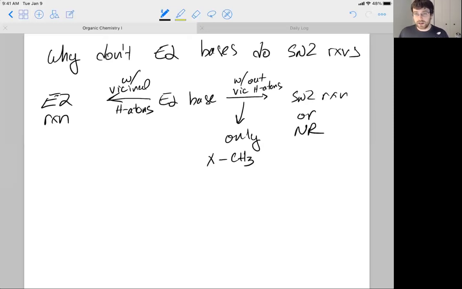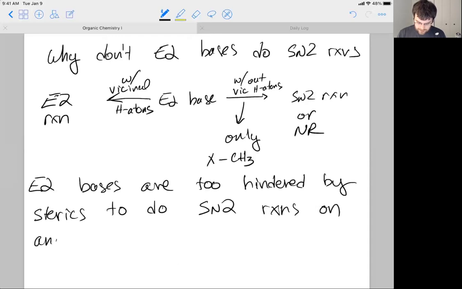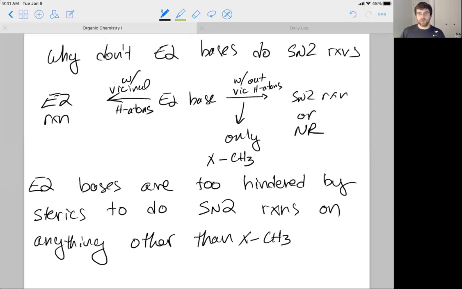But why do we go down the left side? Why don't we do the right side, even when there are vicinal hydrogens present? And the reason why is because E2 bases are too hindered by sterics to do SN2 reactions on anything other than CH3 attached to bromine or iodine, really.